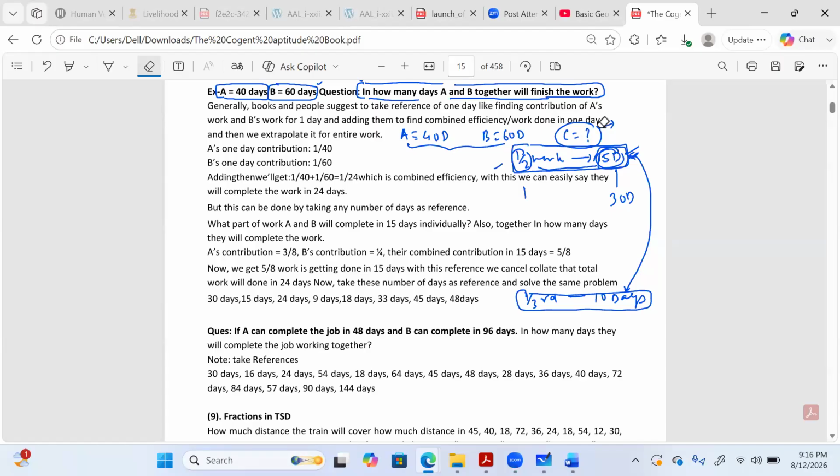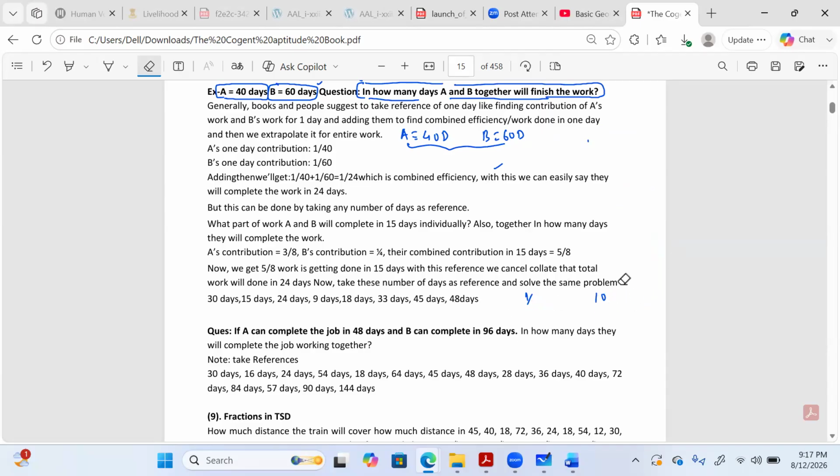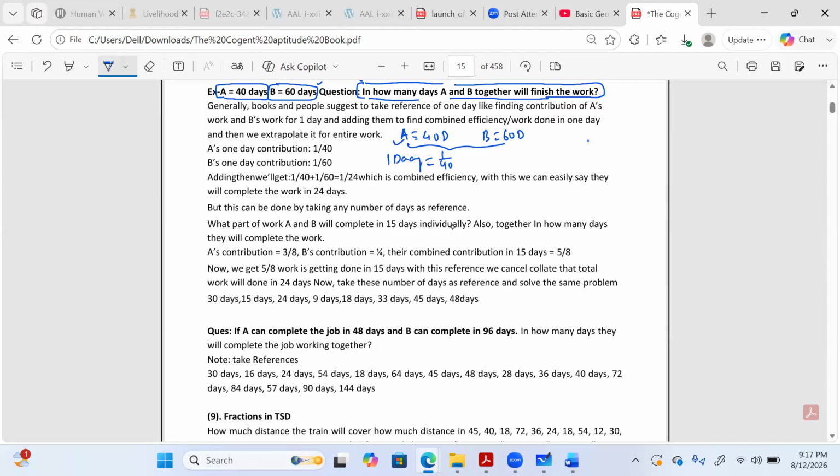Now see, in this question they have asked in how much time A and B together will finish the job. So we need a reference for A and B together. And to do that, the textbook method says find the efficiency of A. Efficiency of A means in 1 day, A will be able to do 1 by 40 work.